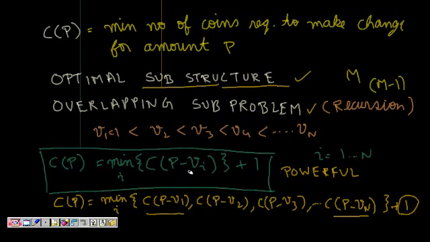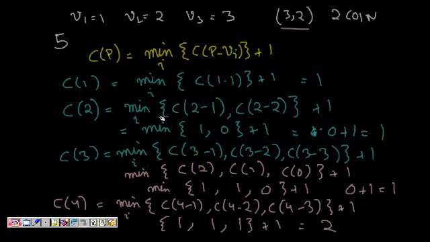The last coin that I can choose can be V1, it can be V2, it can be V3, or it can be Vn, anything. Whichever I choose, each one of them will have an optimal value, like C of P minus V1 will be the minimum number of coins required for P minus V1. So we find the minimum among them all, and because we are using the last coin, we add 1 to it. So this gives us the solution.